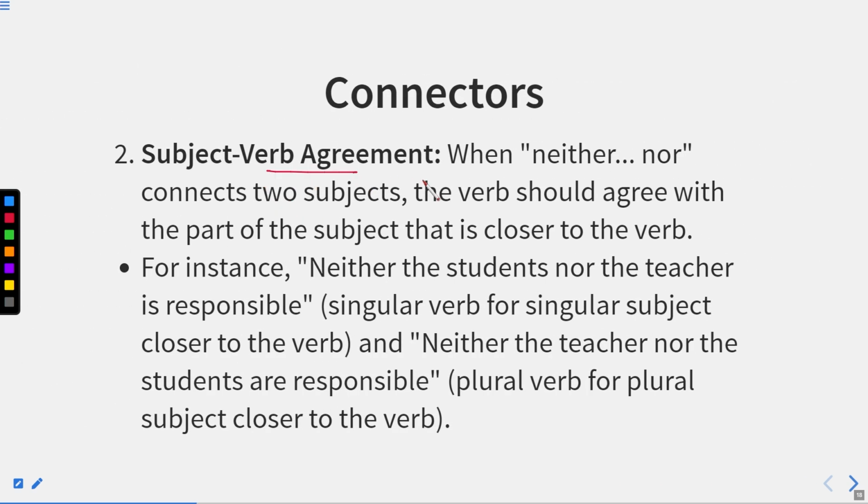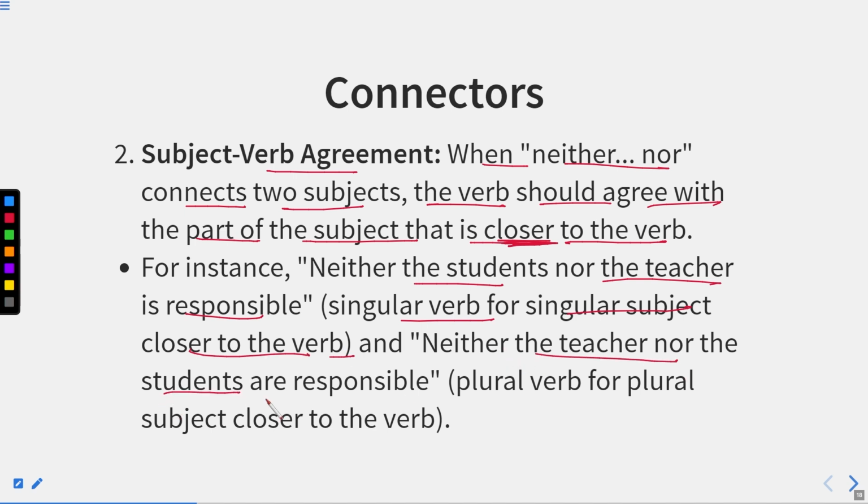Second one is subject verb agreement. As I told you before as well, when neither nor connects two subjects, the verb should agree with the part of the subject that is closest to the verb. Okay. For instance, neither the students nor the teacher is responsible. Singular verb for the singular subject closer to the verb. And neither the teacher nor the students are responsible. Plural verb for the plural subject closer to the verb.